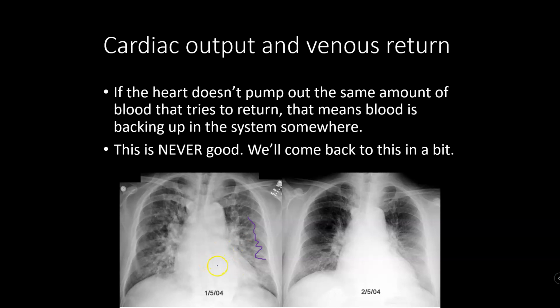So what happens here in this case is the left side of the heart is failing. So the right side is still pumping the blood out to the lungs, but the left side's not able to keep up, and so blood starts to pool backwards into the lungs because the left side's not ejecting it as fast as the right side is pumping it, and so that fluid builds up in the lungs itself.